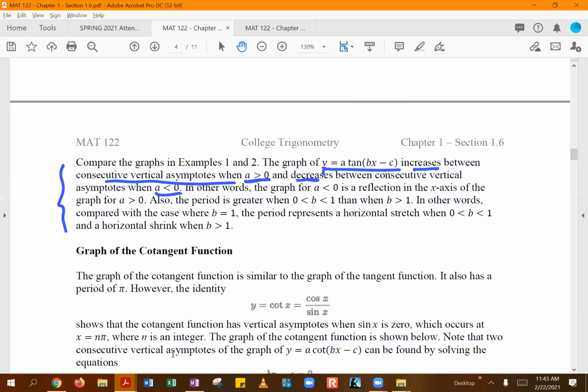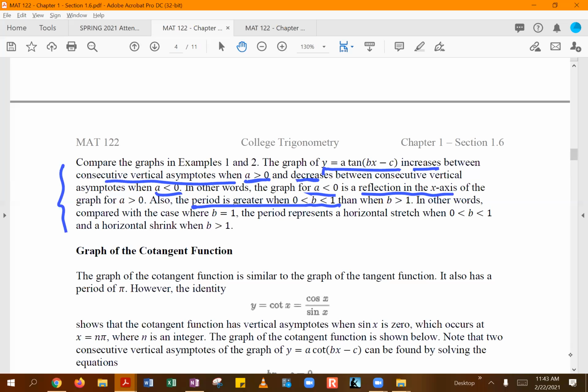And then, they also talk about, you can kind of think of having that negative sign on the a value, which basically creates a reflection in the x-axis. So you can kind of think of it in terms of decreasing, or you can say it's a reflection because of that negative sign on the a value. They're actually also talking about how the period changes based on the b value.